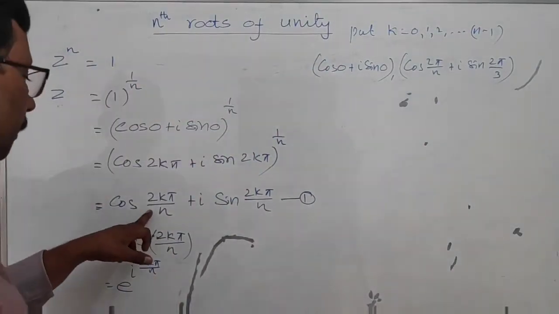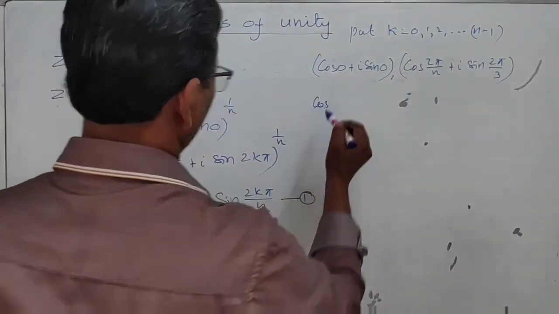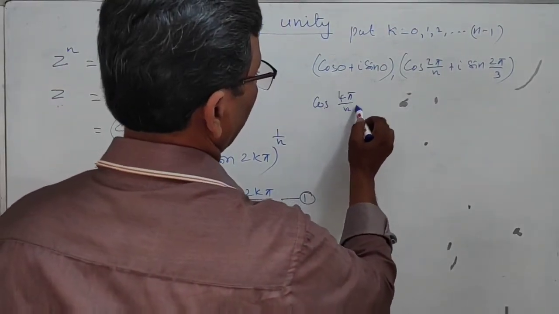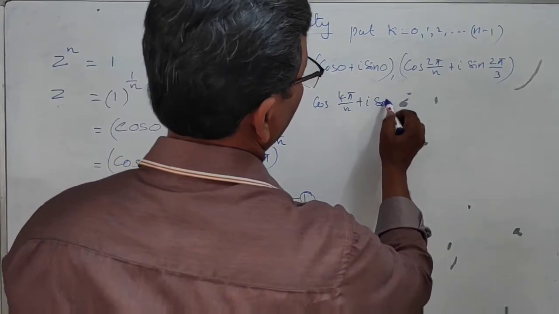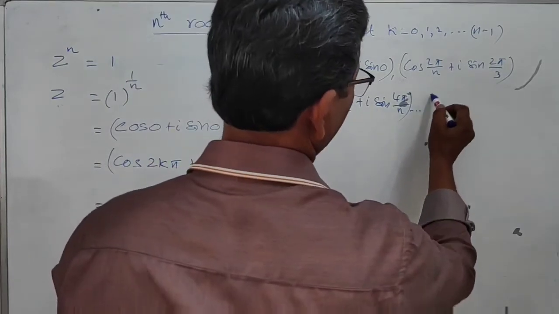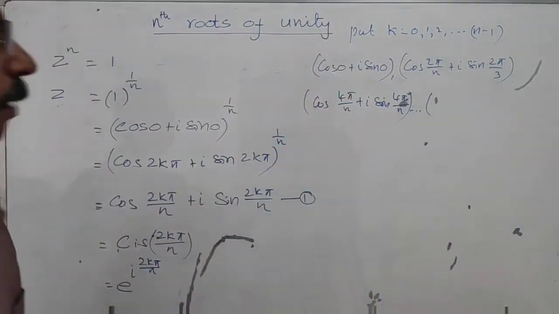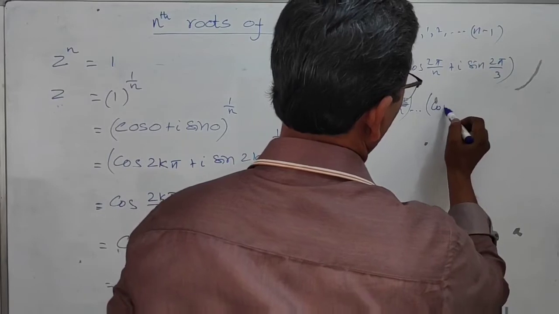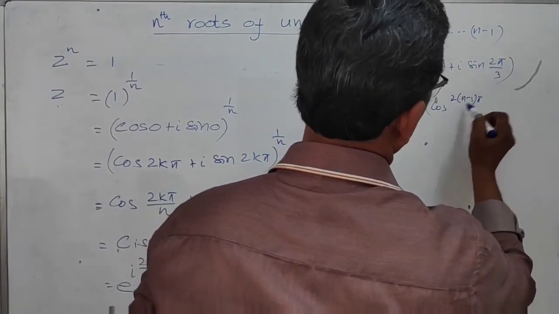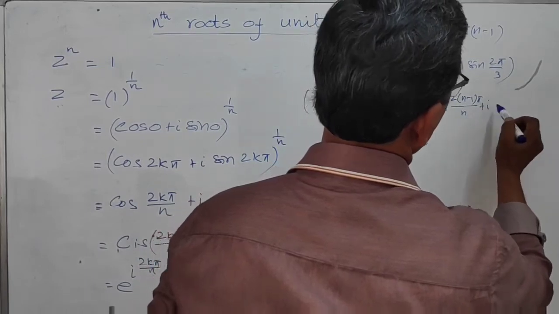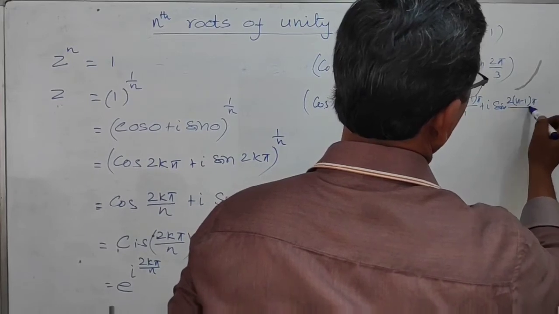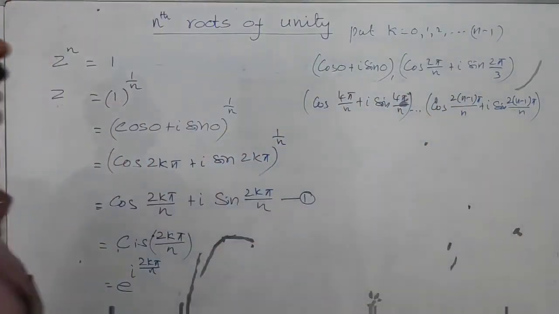Then if you put k equal to 2, you get cos 4 pi by n plus i sin 4 pi by n, and so on. If you put k equal to n minus 1, you get cos of 2 into (n minus 1) pi by n plus i sin of 2 into (n minus 1) pi by n.